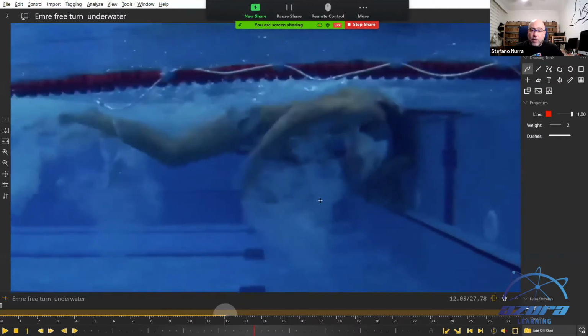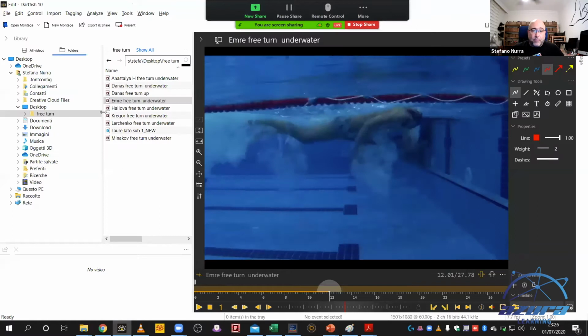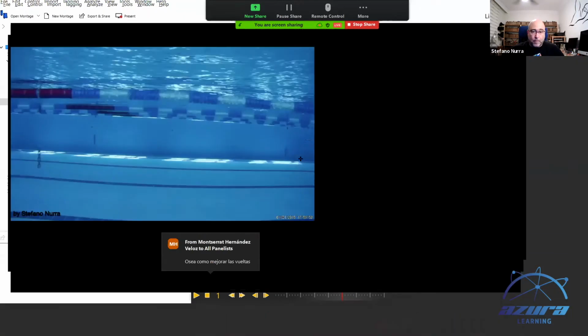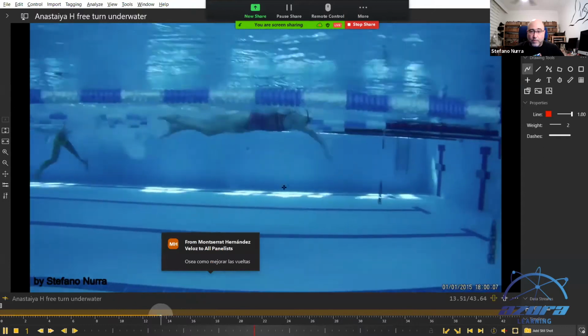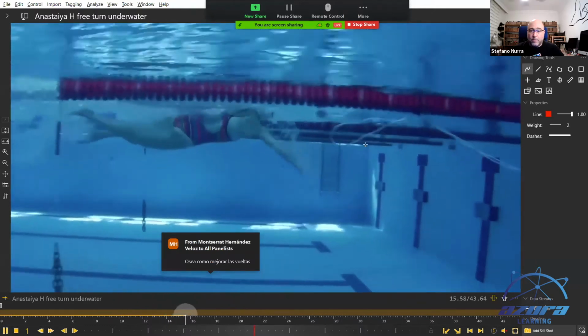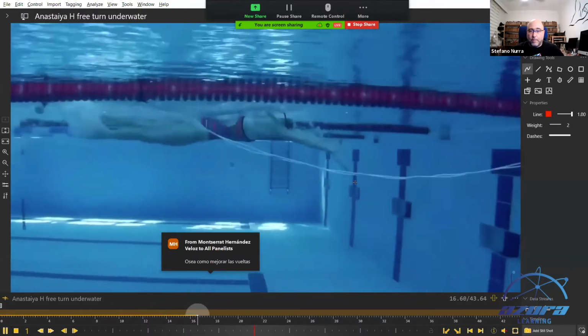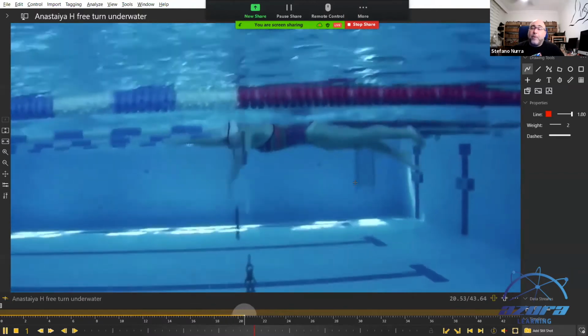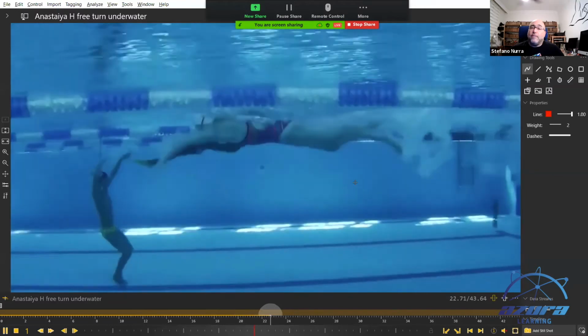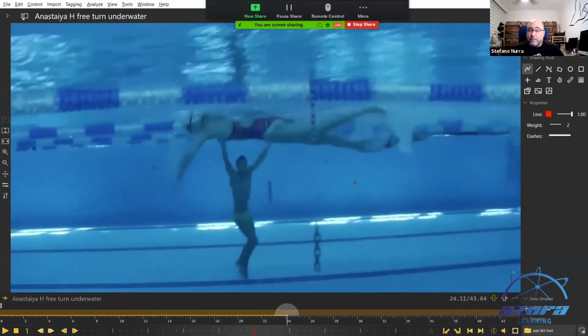Okay, let's go to see some other example. We can see this one. Oh, wait, from here. Okay, we can zoom in. There you go. I prepared for you, as I told you, not only incredible high-level swimmers.